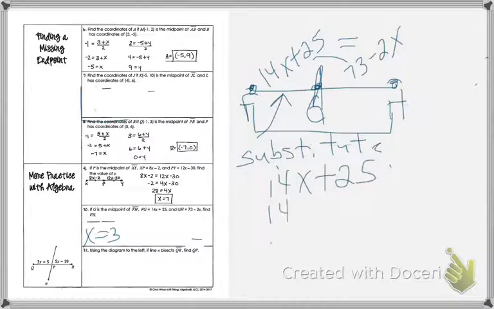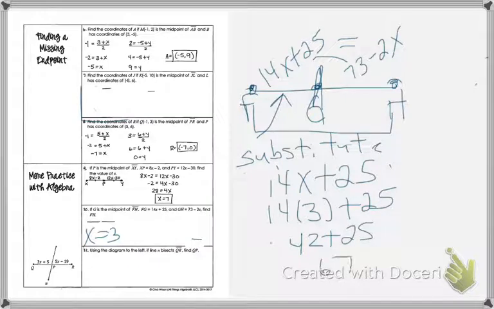We're going to substitute the value of x, which is 3, plus 25. And then we have 3 times 14. And we get 42 plus 25. That would be 67, if I'm correct.